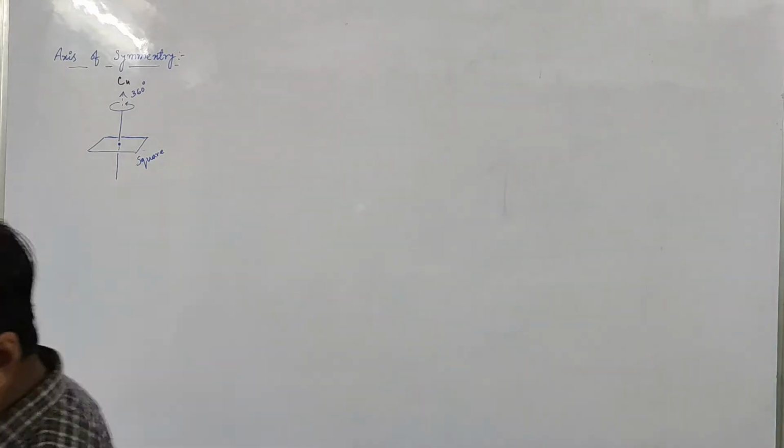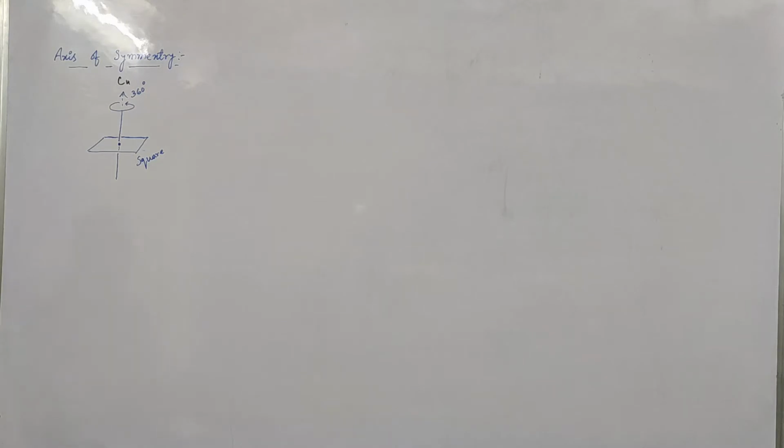An axis of symmetry means an imaginary line through a crystal, on which, if the crystal is rotated through 360 degrees, similar structures appear more than once.